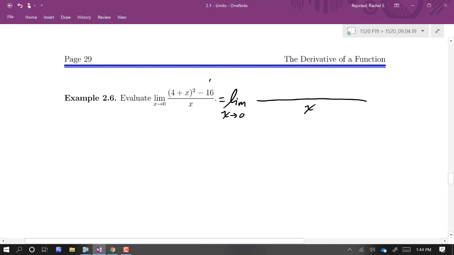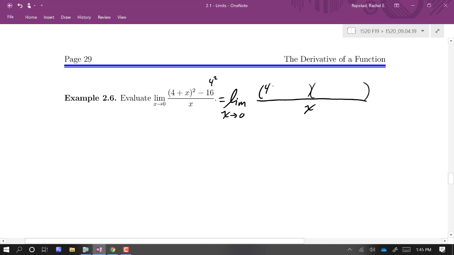So 16 is 4 squared, right? x plus 2? No. x plus 4. Isn't it just 4 plus x and then 4 minus x? Yeah.